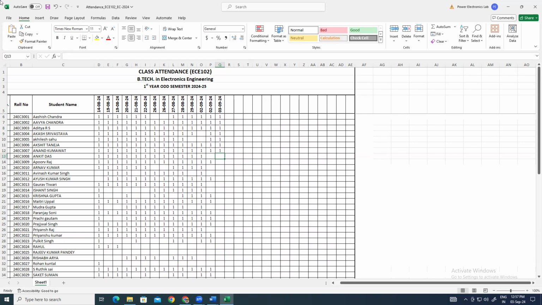Apurva, Present, sir. Okay, Arnav, Avinash, Present, sir. Arnav, Yes, sir. Okay, Avinash, Ayush, Present, sir. Gaurav, Ishant, Present, sir. कृष्णा?